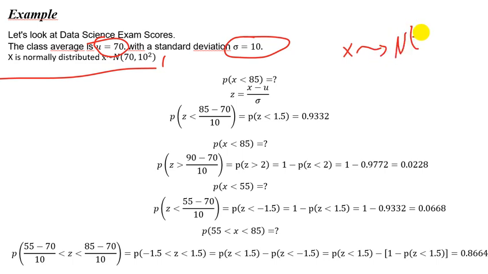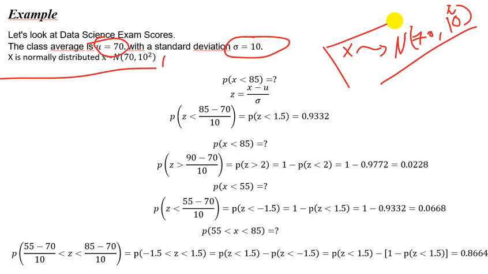The first is mu, which is 70, the average or the mean, and the standard deviation is 10, so the variance is 10 power 2. So this is how we can write our random variable.